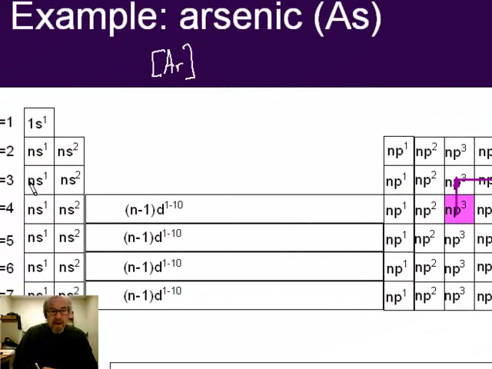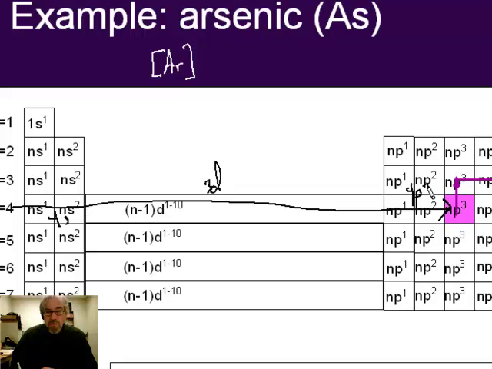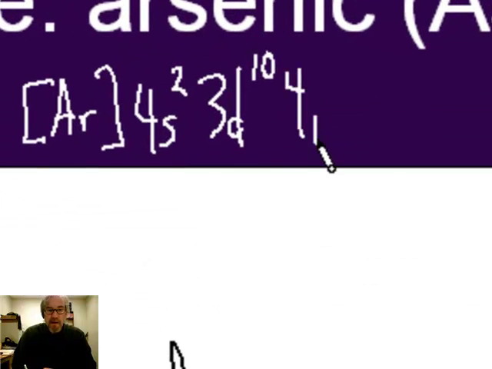Then after that, we're going to go through the fourth period until we get to where arsenic is. So that involves a 4s, a 3d, and then a 4p, but only up to 3. So we'll complete our shorthand notation by writing that down: 4s2, 3d10, 4p3.